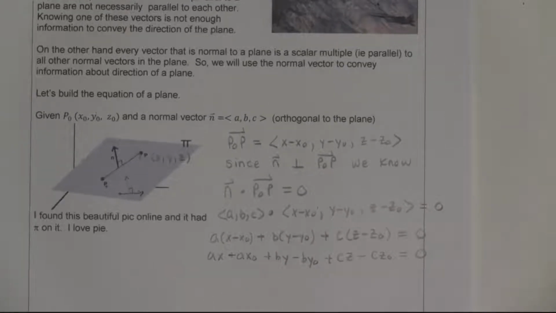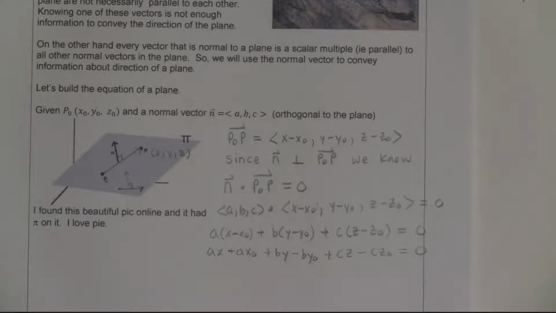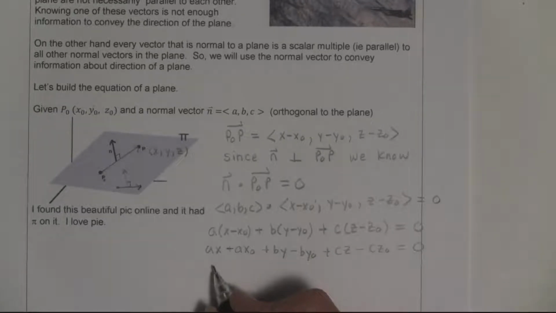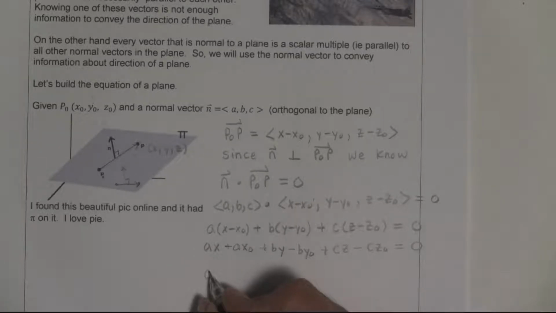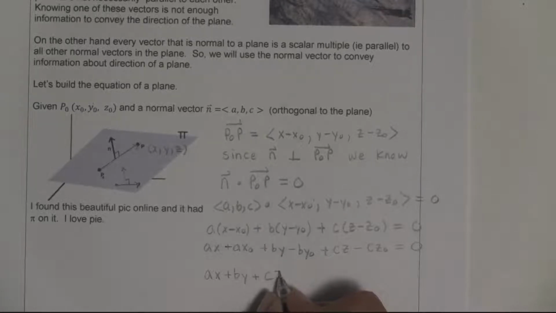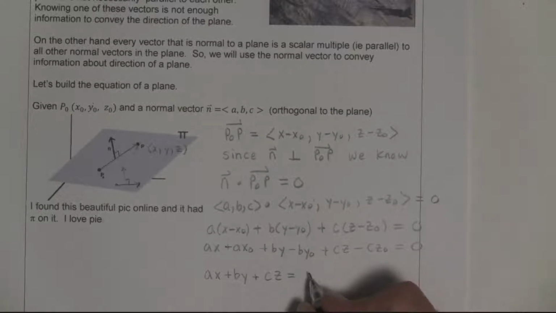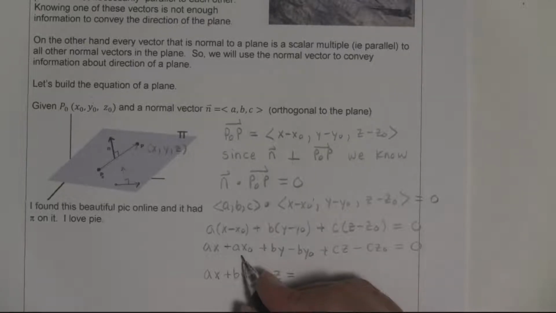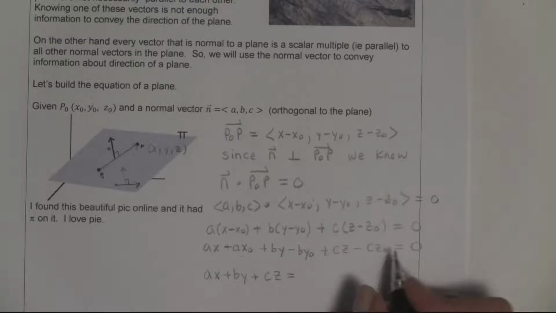And this could be the equation of a plane, but this is not typically where they leave it. They typically manipulate it a little bit, and so we're going to do that as well. They put the x's, the y's, and the z's all on one side, so I get ax plus by plus cz equals, and then they put on the other side of the equation the a x naught, the b y naught, and the c z naught.